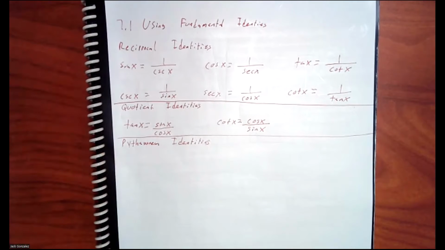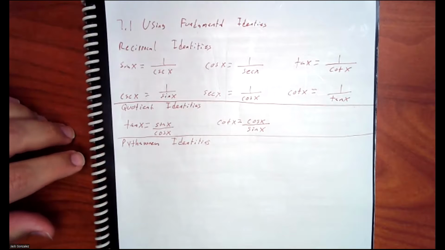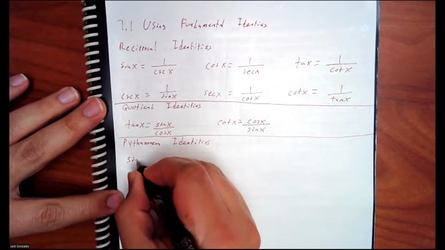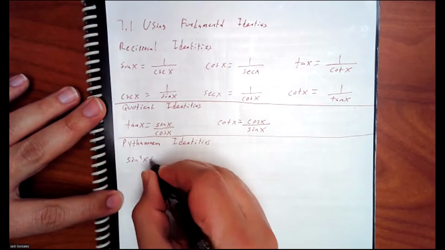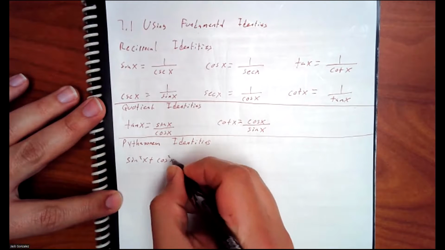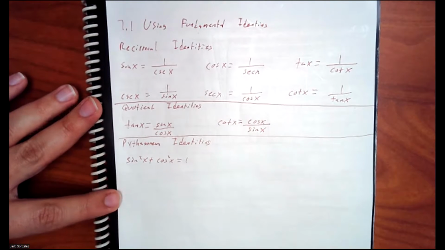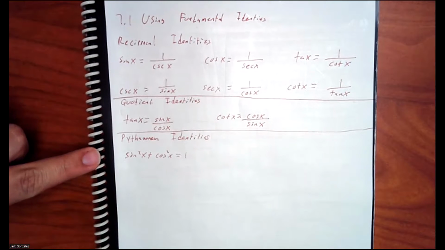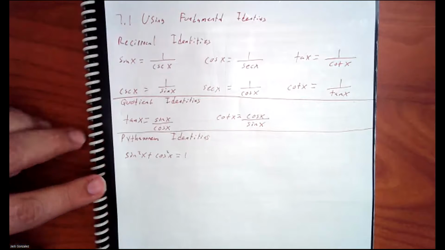Okay, Pythagorean identities. These are really important. You're going to see them a ton. But they all actually come from this original one. So you're going to create 9 of them from this one. So if you subtract cosine, you'll make 1 of them.